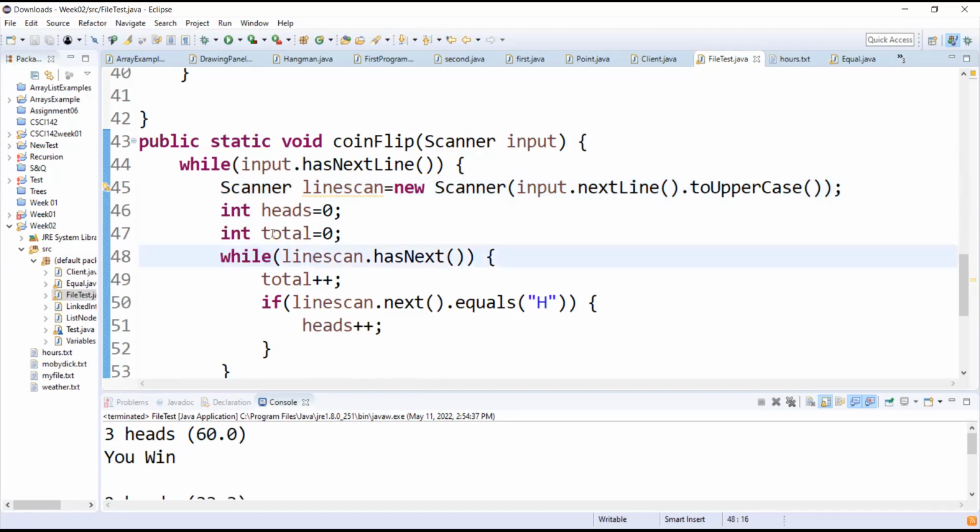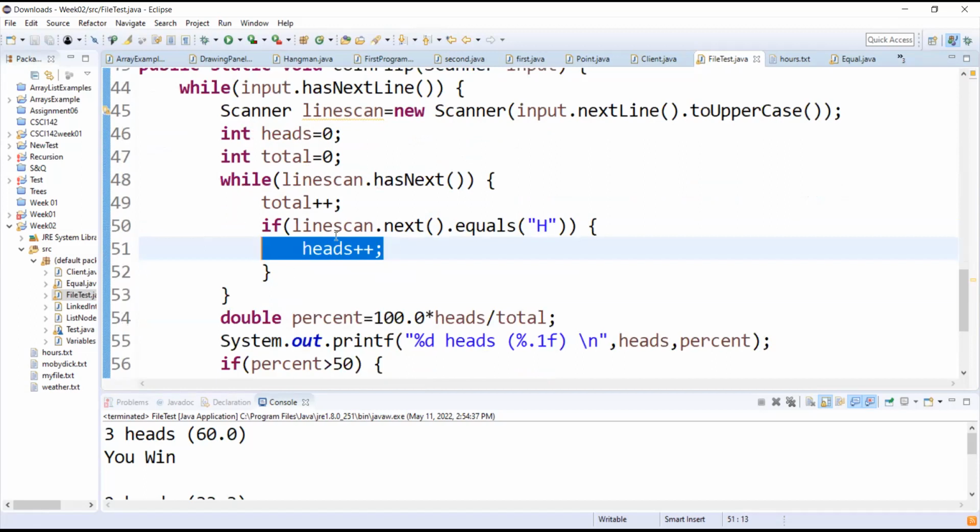As we are scanning the line, we check how many characters we have. If we have any word, we do total plus plus. After that, we check if that word equals H, which means it's a head, and do heads plus plus.